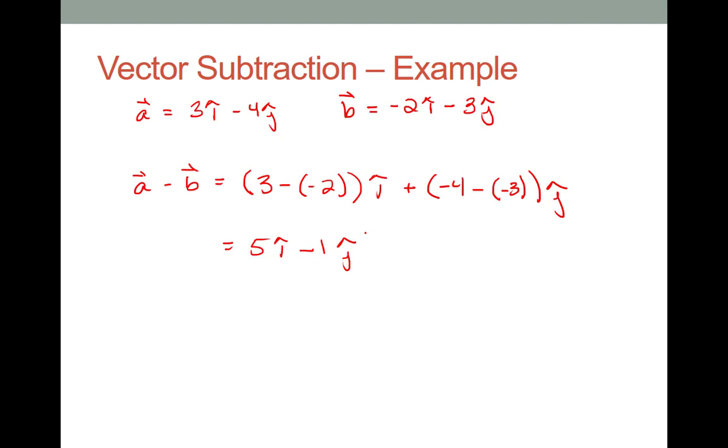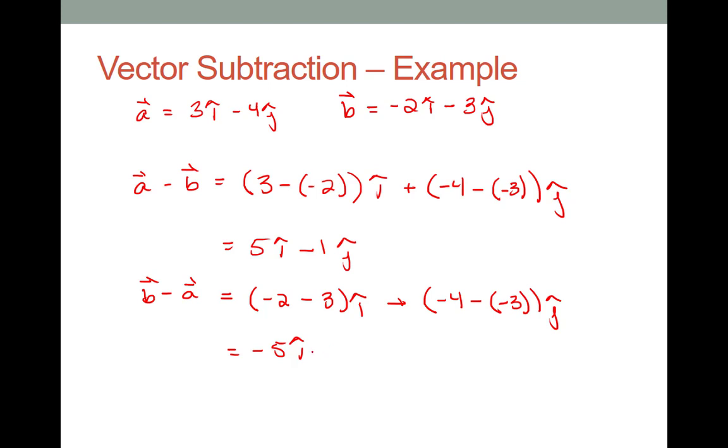Okay, now we did this graphically and showed that A plus B equaled B plus A. The same does not hold for A minus B and B minus A. So let's take a moment and do B minus A. So B minus A will be negative 2 minus 3 i hat plus negative 4 minus negative 3 j hat.